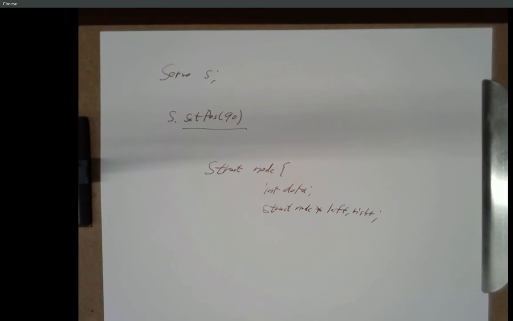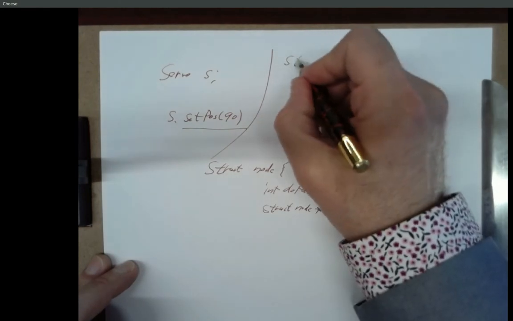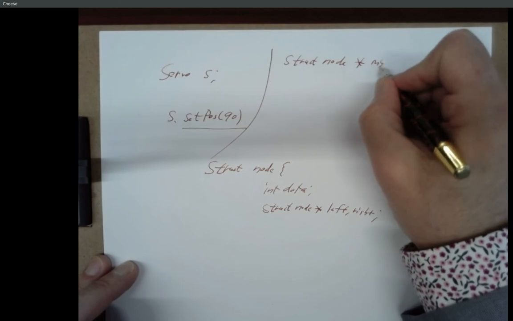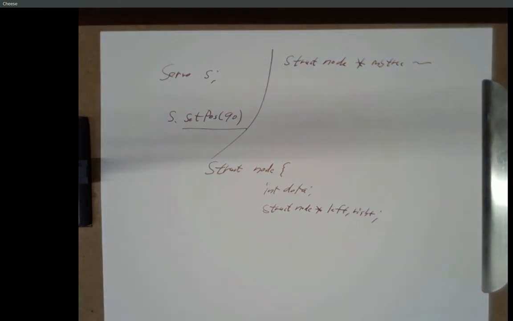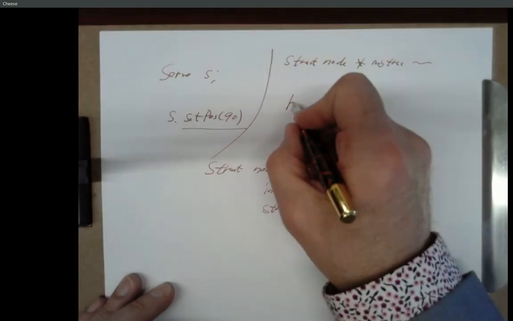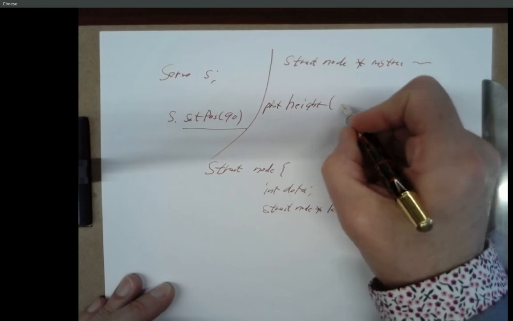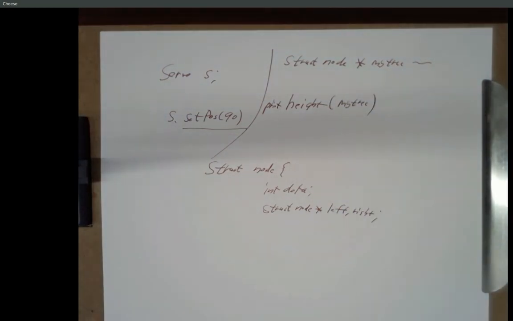Okay, so we build a tree out of these things, and in my main program I say something like struct node my tree, and I do some mallocs or whatever, right? Well, one of the things we like to do with my tree is figure out its height, right? So I have a function called height, and I say, you know, print height of my tree. And you've done this, right? It was in your PA4.